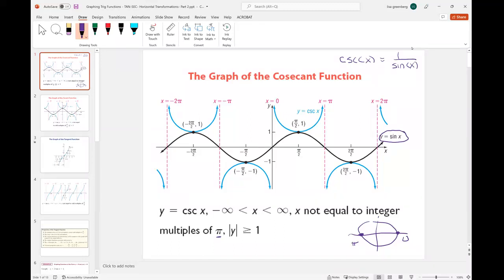The author of these slides thought it might be helpful to show you that the sine graph is what this is really based on. It's 1 over sine. So everywhere that the sine is 0, which is here, here, here, here, we can see that we have asymptotes there, right?